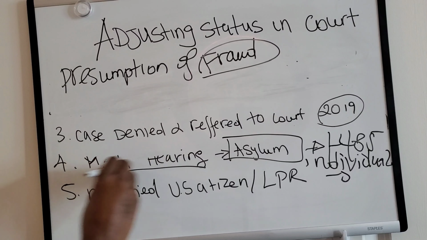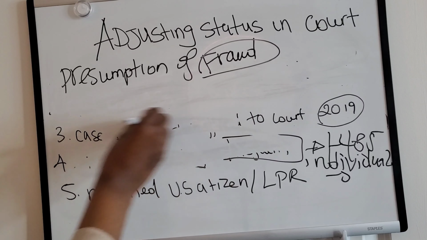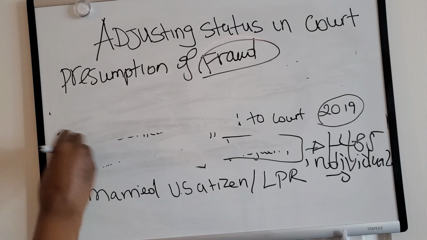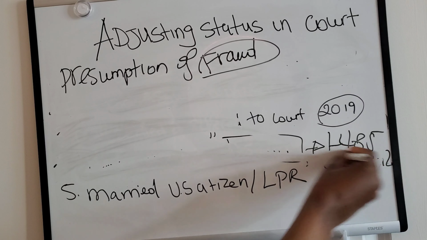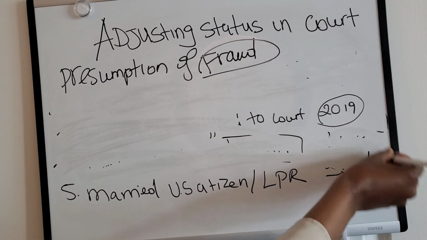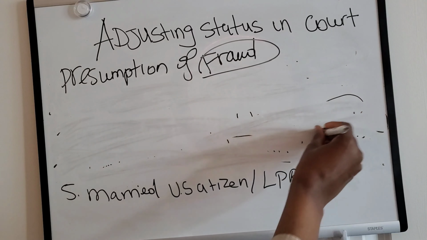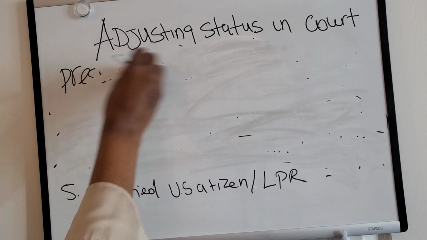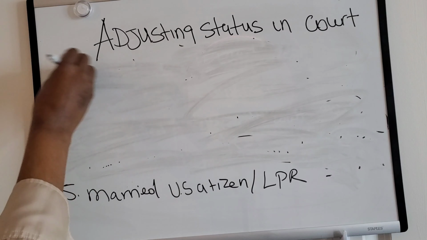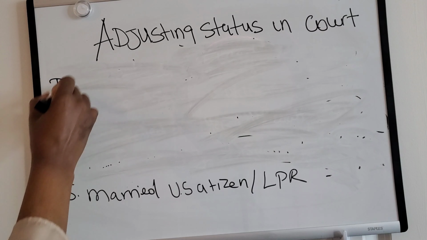But let's say you don't marry a U.S. citizen. Instead, you marry a lawful permanent resident. What's going to happen? Well, a lot is going to happen at this point. You've got a lot of options to try to throw out there in court and hope one of them gets granted. You don't want to dismiss, right?